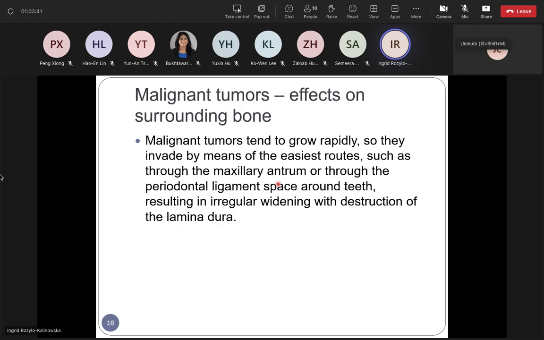And they grow very rapidly, and unfortunately, the tumors of the head and neck have a nasty property of a so-called perineural spread. So it means that they infiltrate nerves, and there are quite a lot of cranial nerves around the head and neck.